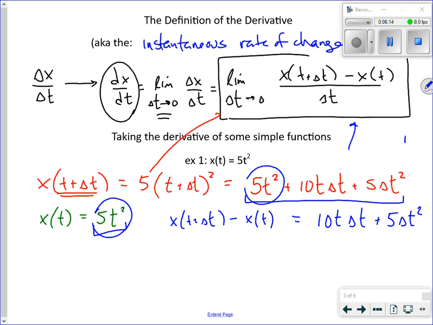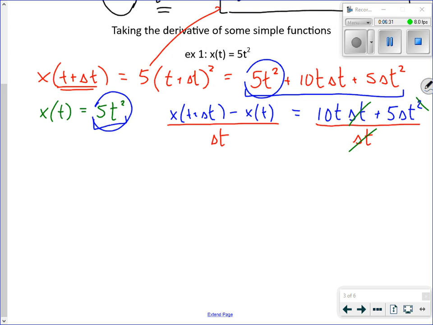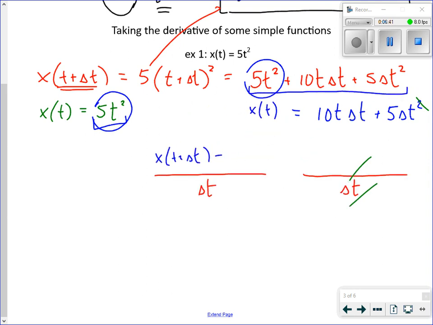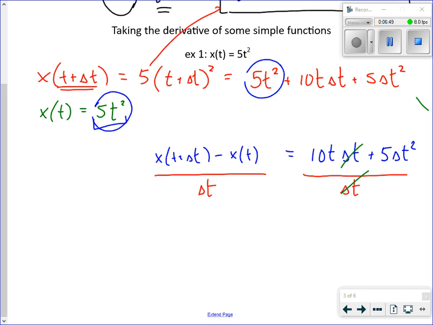But if we're going through our process here, we want to take this and divide by delta t. So what happens is a factor of delta t comes out of both of those terms, and those divide out, and that's there.